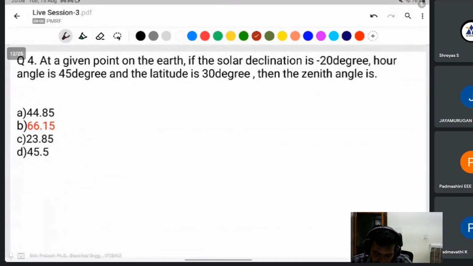At a given point on the Earth, the solar declination is minus 20 degree, the hour angle is 45 degree, and the latitude is 30 degree. Find the zenith angle.